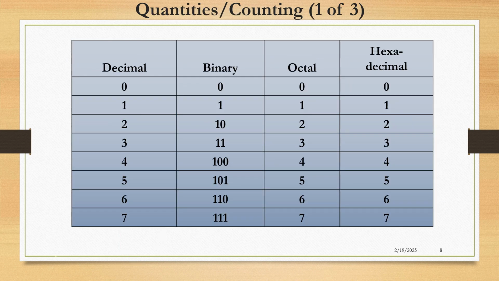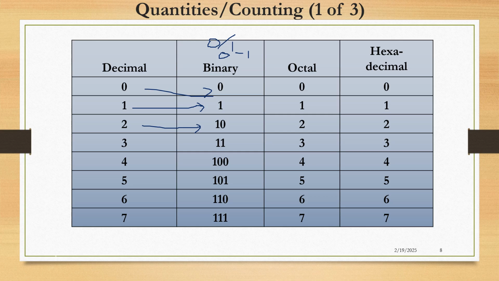Now the quantities and counting. In the binary number system, 0 is represented using what? 0. 1 is represented using 1. Now 2: in binary there is no concept of 2, because the range of the binary number system is from 0 to 1, so there are only two digits, 0 or 1.